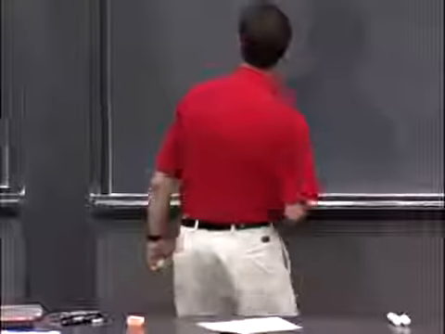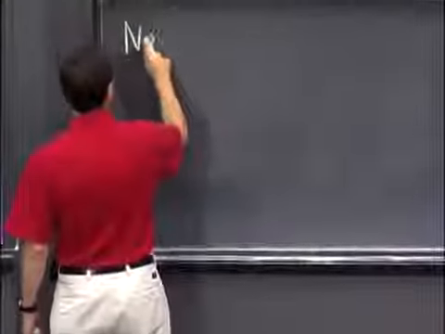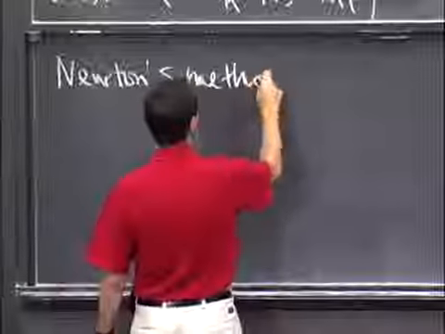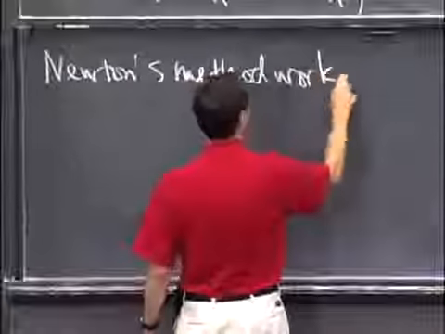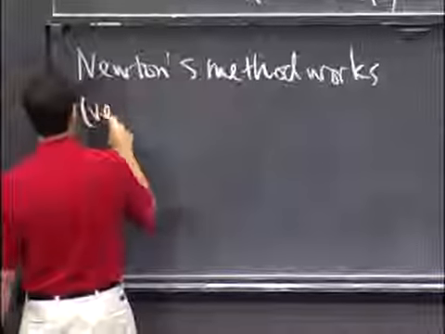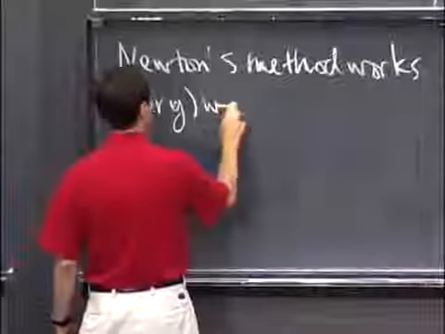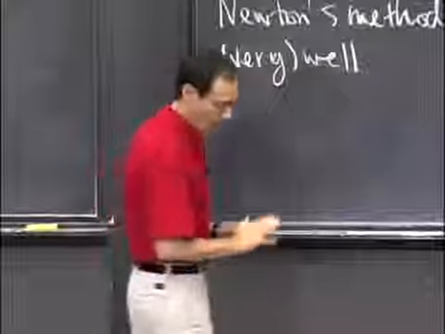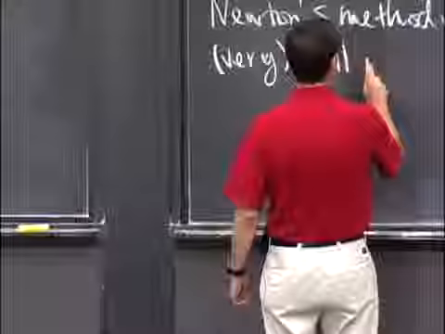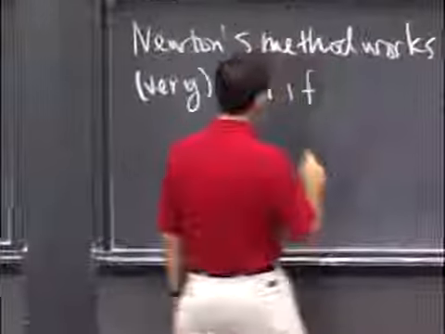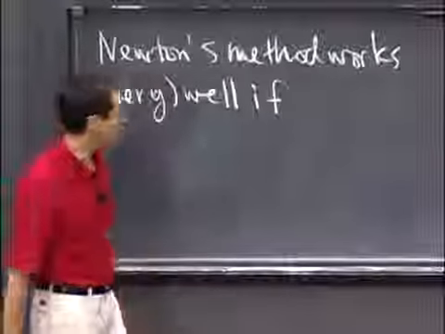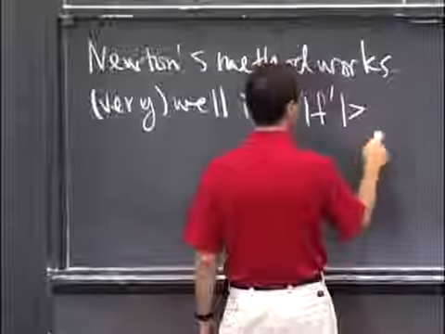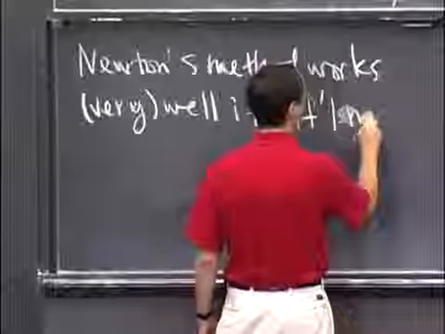So let me just summarize by saying that Newton's method works very well, by which I mean this kind of rate. And I want to be just slightly specific. There are really two conditions disguised in this that are going on. One is that f prime has to be not too small.